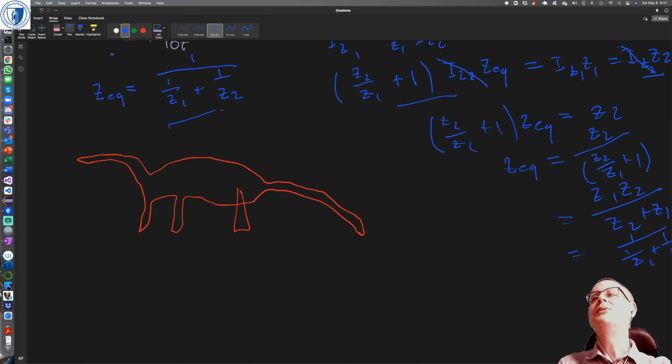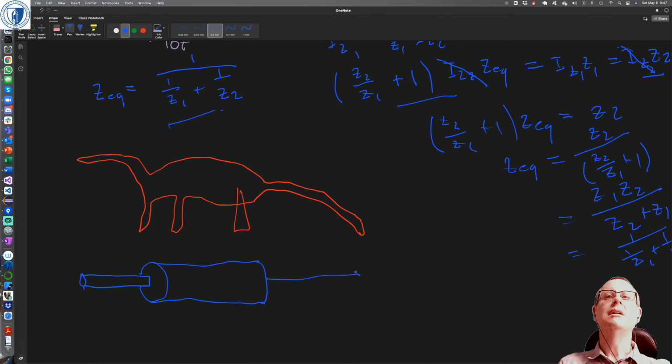But the idea is that you could approximate this Apatosaurus with 3 cylinders, and apologies for my lack of straight line drawing ability.